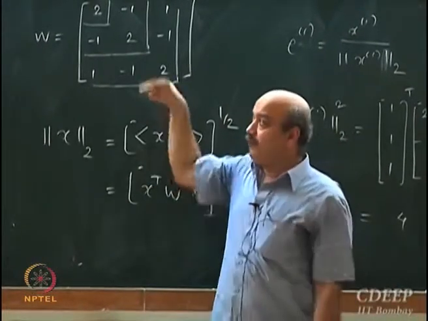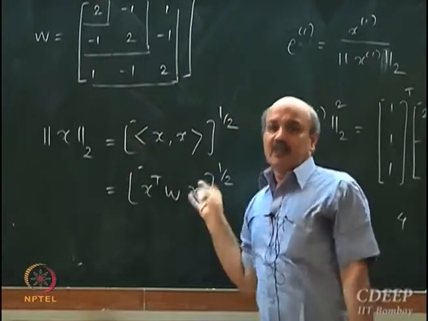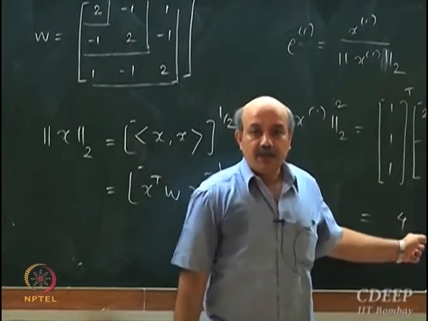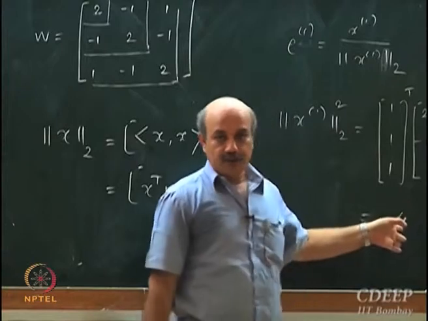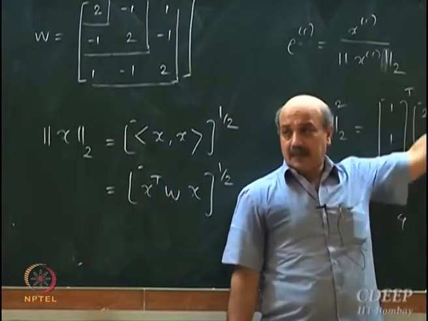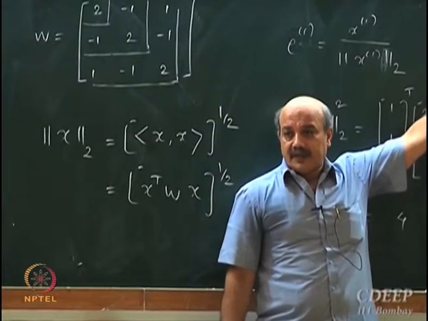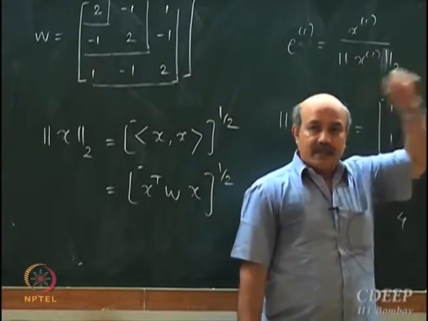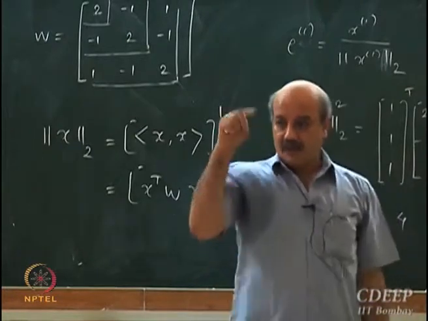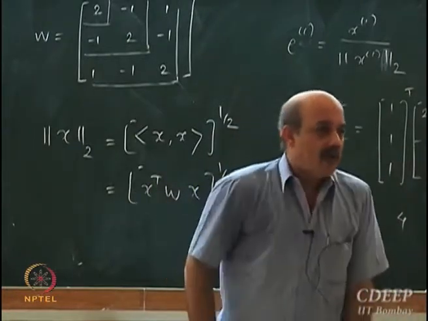The 2 norm of 1 1 1 using this definition of inner product turns out to be 2, 2 norm square is 4, right? The direction is same, the vector is different. Earlier we got 1 by root 3, 1, 1, 1. Okay, now I am getting 1 by 2.